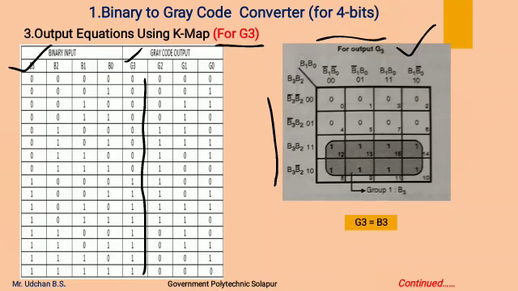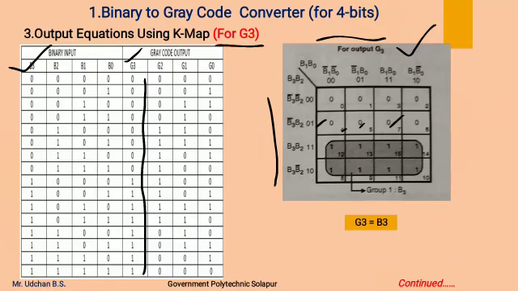The first 8 outputs are 0 0 0 0 0 0 0 0. After that all the 8 outputs are 1. This is how the entries are made for G3.